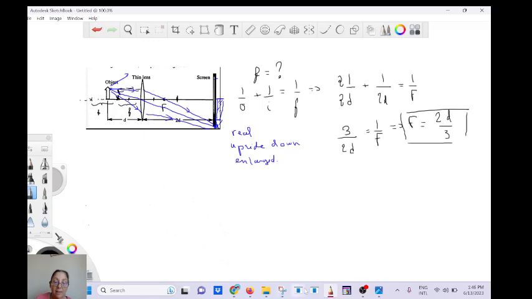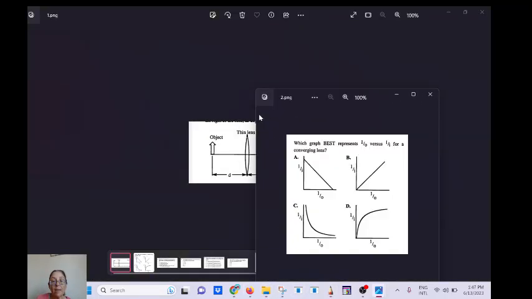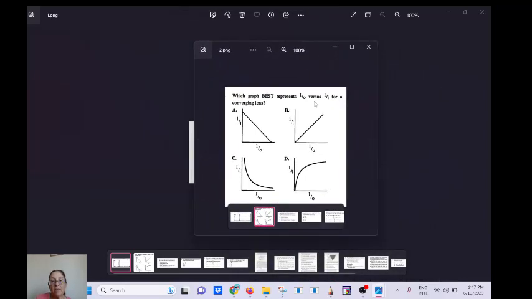Okay, so let's see another question here. Also multiple choice. They ask you what's the best graph that illustrates the thin lens equation.